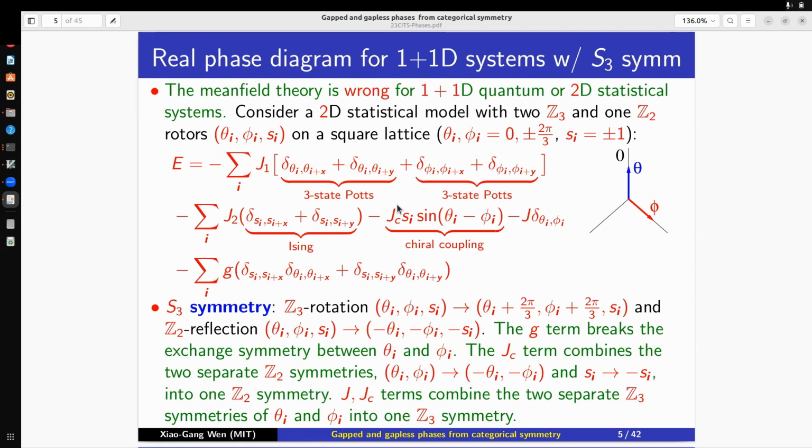Okay. And this model is a double rotor. We have two Z3 rotors. One is given by theta and the other is given by phi. The reason we have 2 Z3 rotors is that we want to have this chirality, from theta to phi, whether we go to the right or go to the left. So the relative position between theta and phi gives us chirality, and that is another important symmetry.